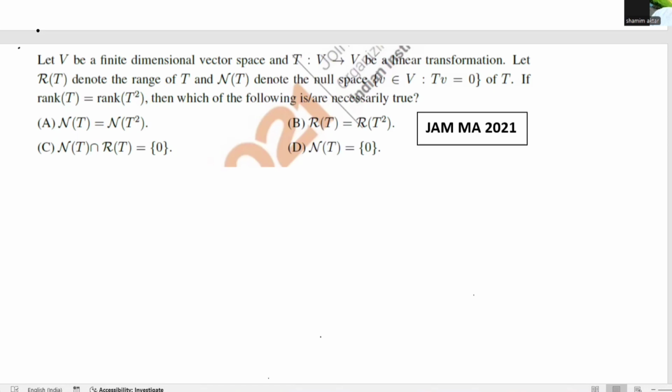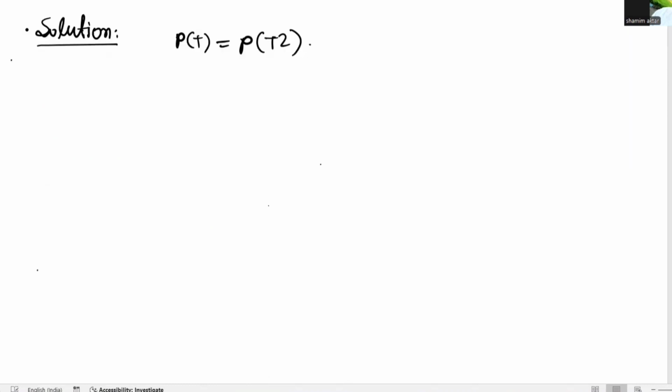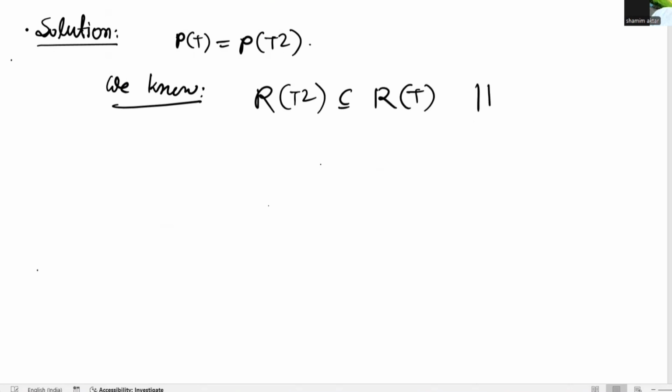Now, the solution. Here given rank of T equals rank of T square. We already know that the range space of T square is contained in the range space of T. How?